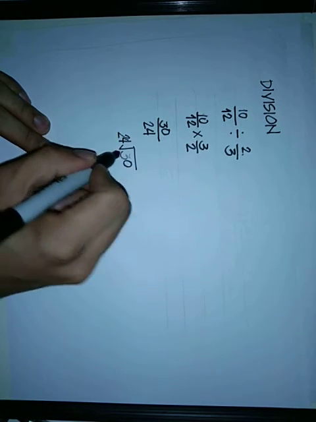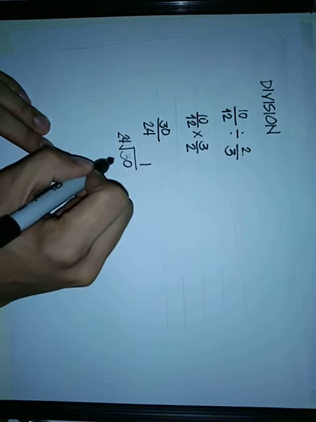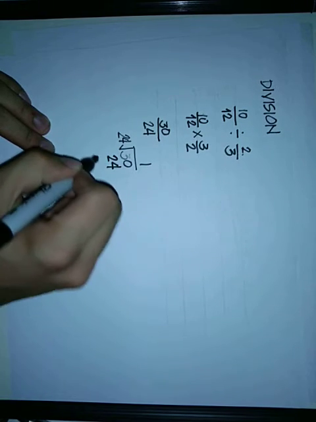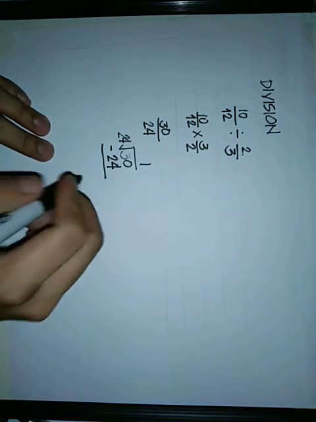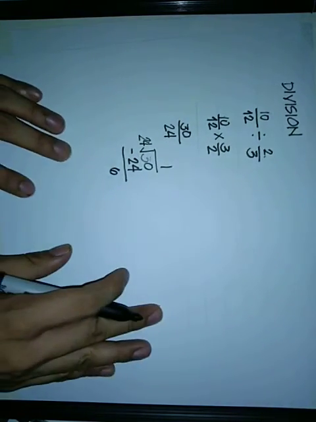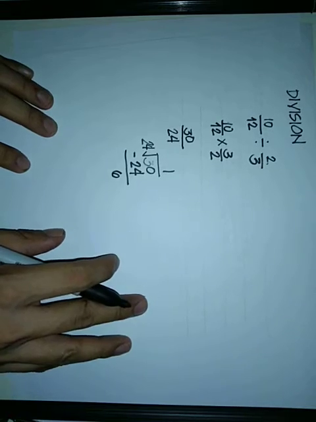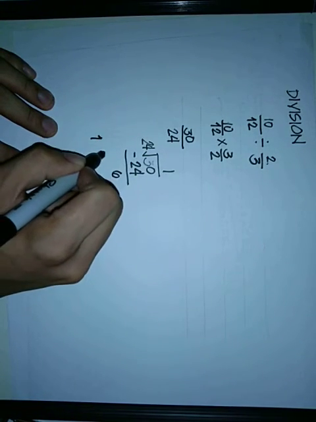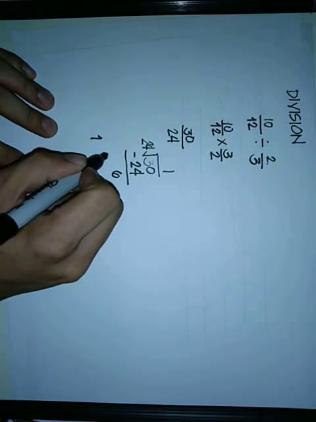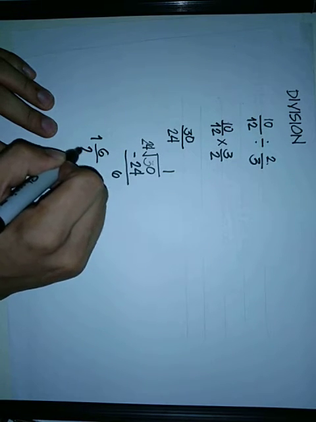And then, we have 1. 1 times 24 is 24. And we have 30 minus 24 is 6. So, we can convert this as 1 and 6 over 24.